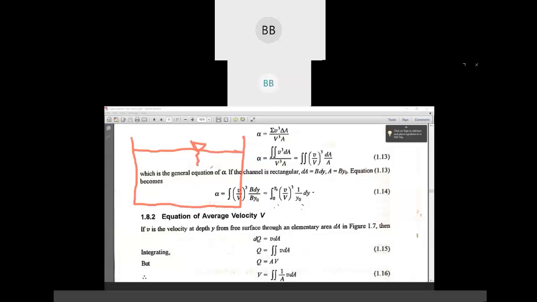If this is our level of water, this is your whole cross sectional area A.